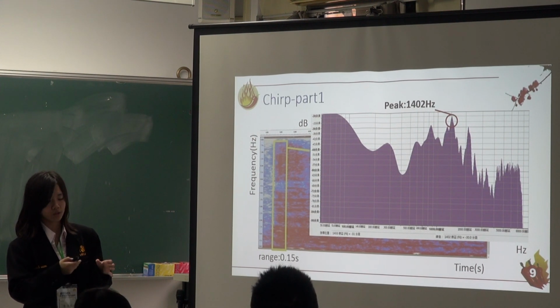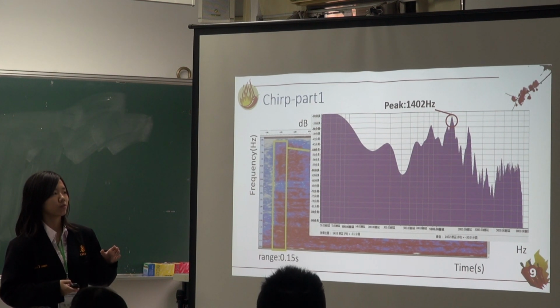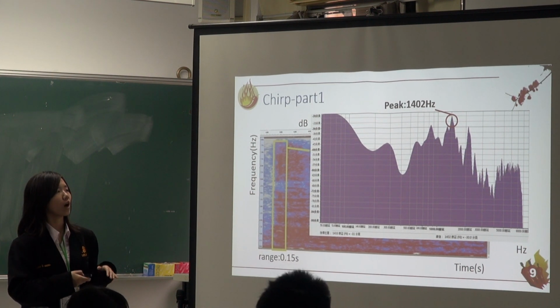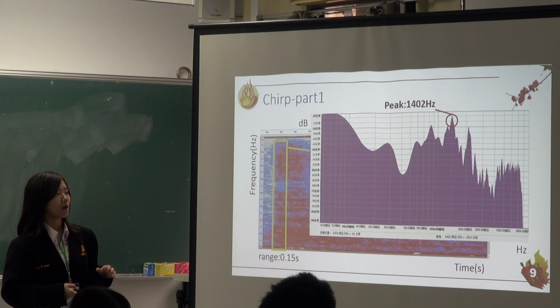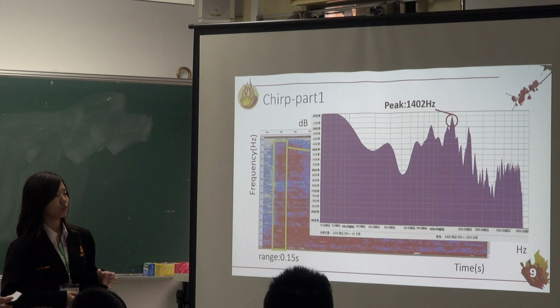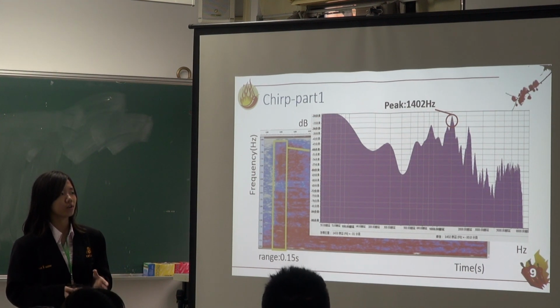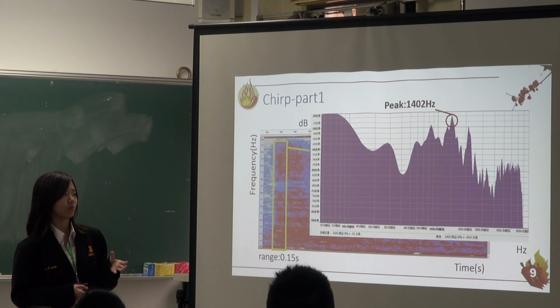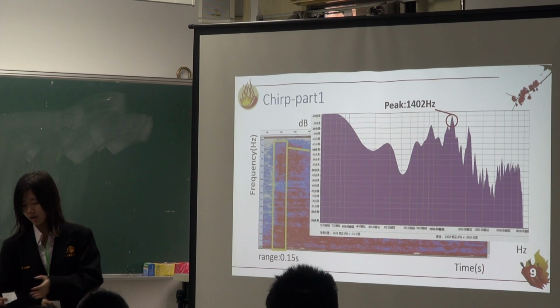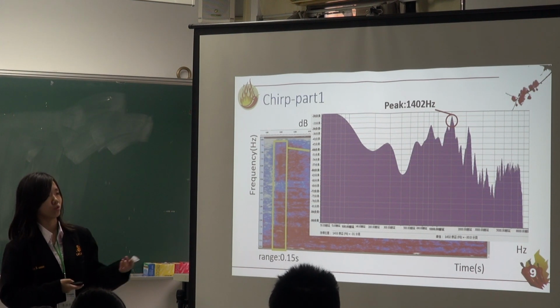And because it won't relate to time, it just depends on the frequency, we can't know how the sound changes with time from this graph, and I usually use the spectrogram to see that.